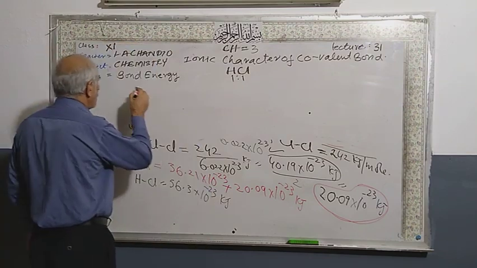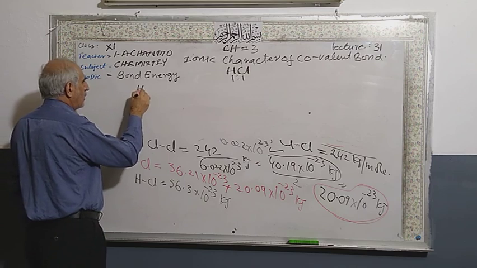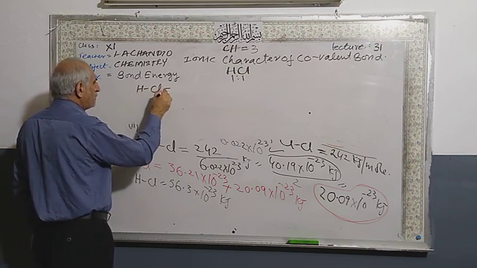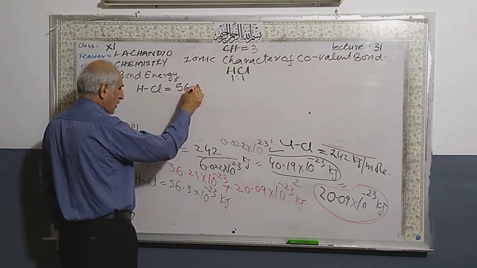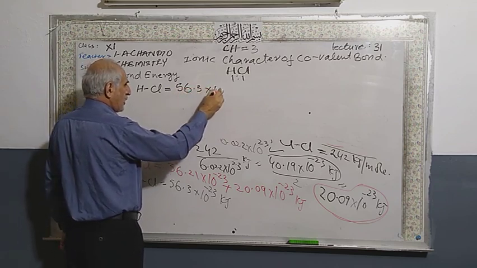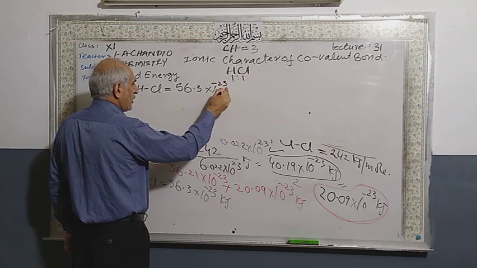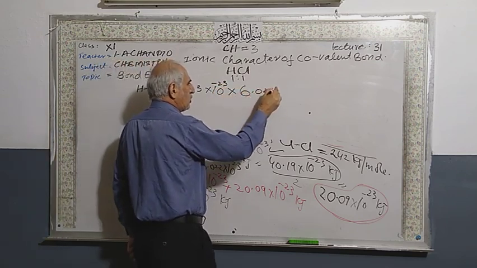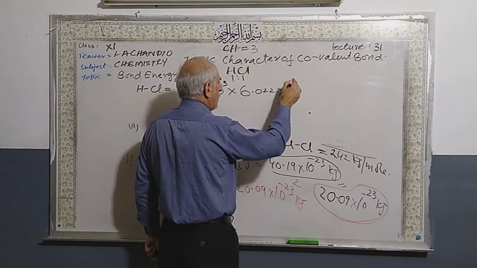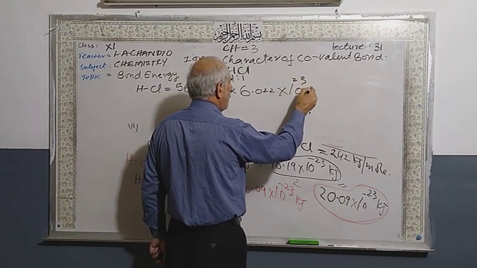So for the hydrogen and chlorine, 56.3 into 10 raised to the power minus 23 multiplied by 6.022 into 10 raised to the power plus 23.